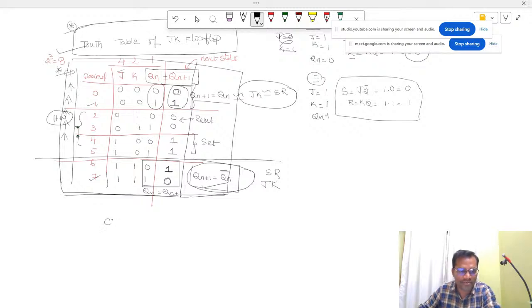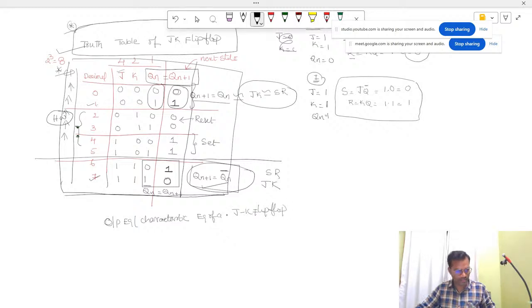Now we want to derive the output equation, which is called which equation? Characteristic equation of a JK flip flop. I think you have written the notes? Okay, good, super.